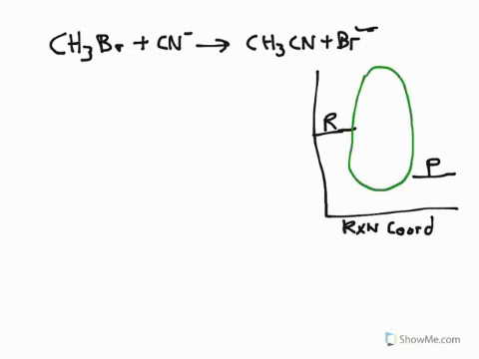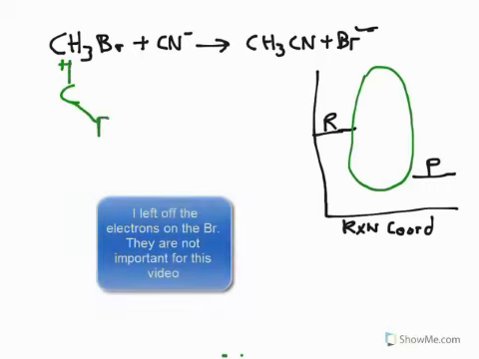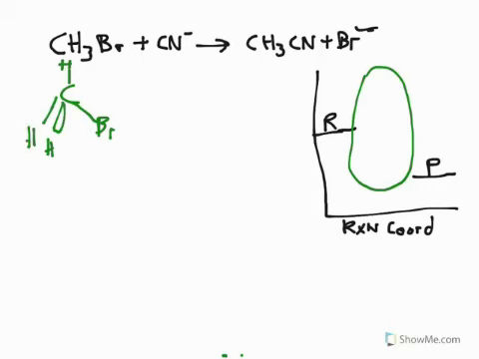So if I look at CH3Br, I have something like this. This is a Lewis dot structure. An H, and I'll draw it in 3 dimensions, a bromine, an H, and an H. Now I'm going to talk about this cyanide ion coming in, and you'll see more of this next semester.